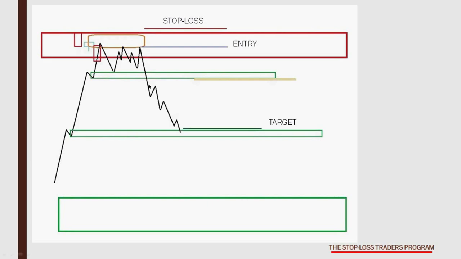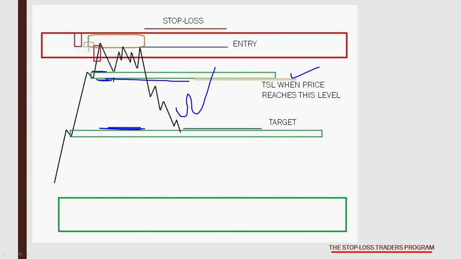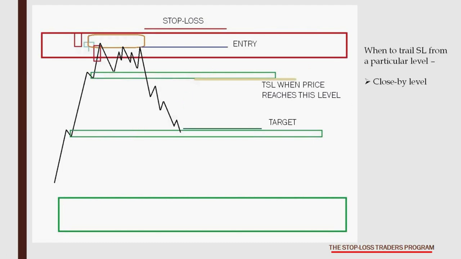What may happen is if the opposing zone and the zone in which you're taking the trade are very close by, so that the maximum possible target is 2:1, price may become sideways in between, and sooner or later your stop loss order will be hit if you are using this trailing stop loss method.